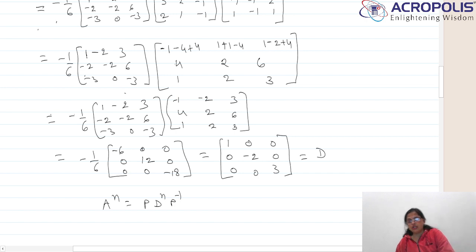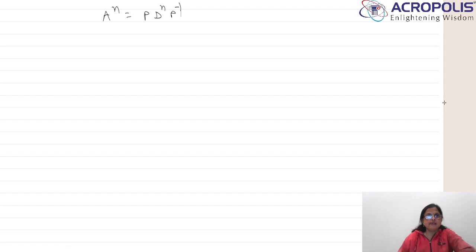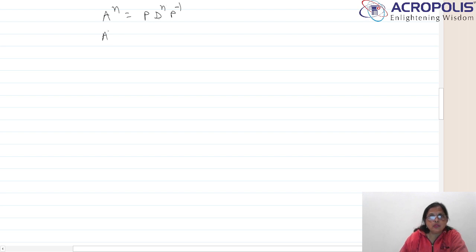So now we have to find A raised to the power 4. That is our second requirement. So if we find A raised to the power 4, first we find D raised to the power 4. A raised to the power 4 is equal to P D raised to the power 4 P inverse.